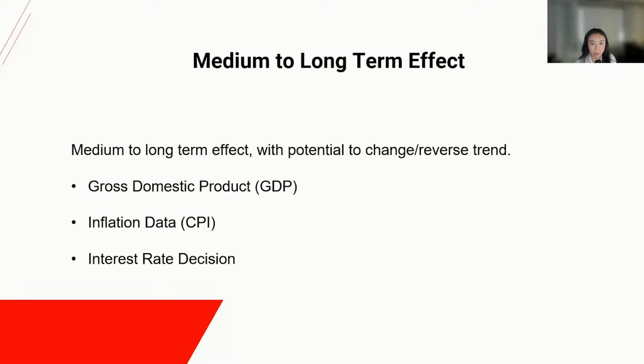A high GDP can indicate a growing economy, which means a stronger currency. A low GDP indicates a weaker economy and leads to a weaker currency. So imagine the news has been released for the United States, the GDP has gone up, which means the price of the currency will go up.